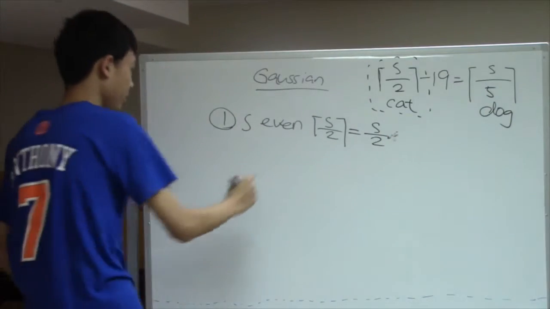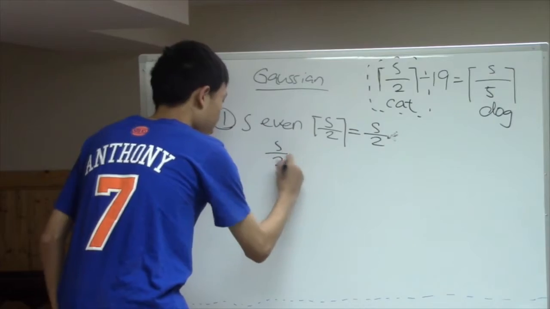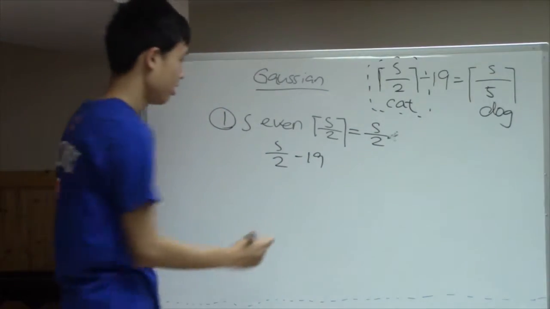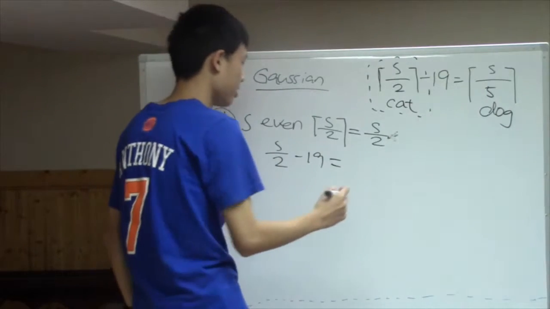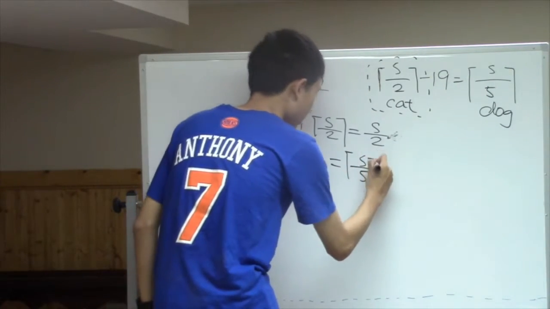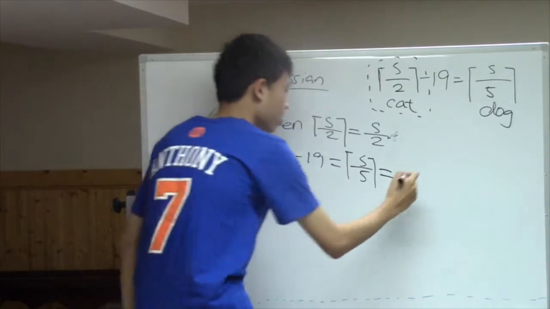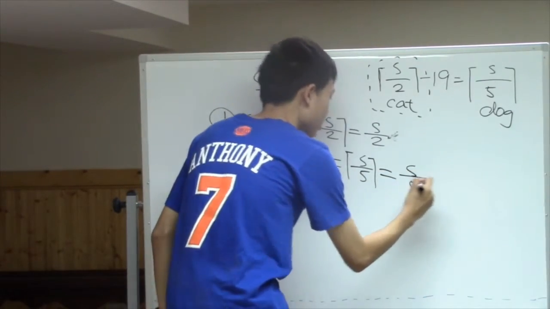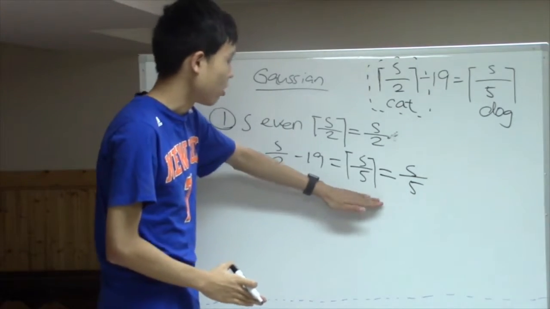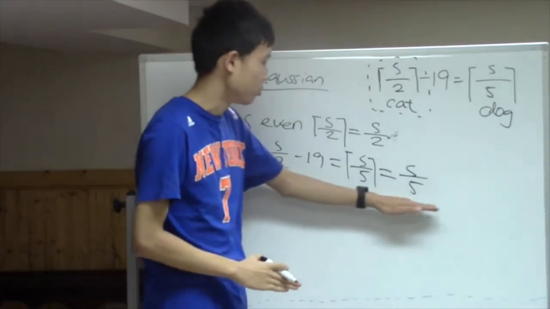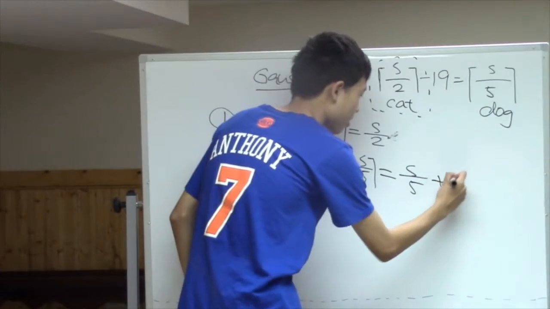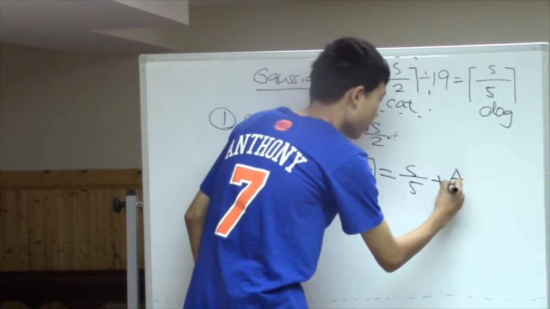Then this equation becomes S over 2 minus 19, and we don't need the Gaussian function anymore. And on the right-hand side, S over 5, we still need that. However, since this function is rounded up, it is always greater than or equal to S over 5. That means we can add something to it, let's say A over 5.